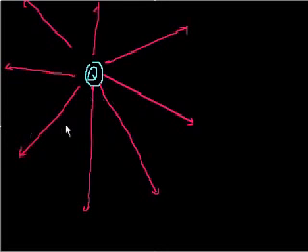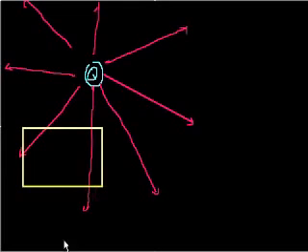And these are called electric field lines. One measure of how strong the field is: if you took a unit area, you could see how dense the field lines are. So here, they're relatively sparse.